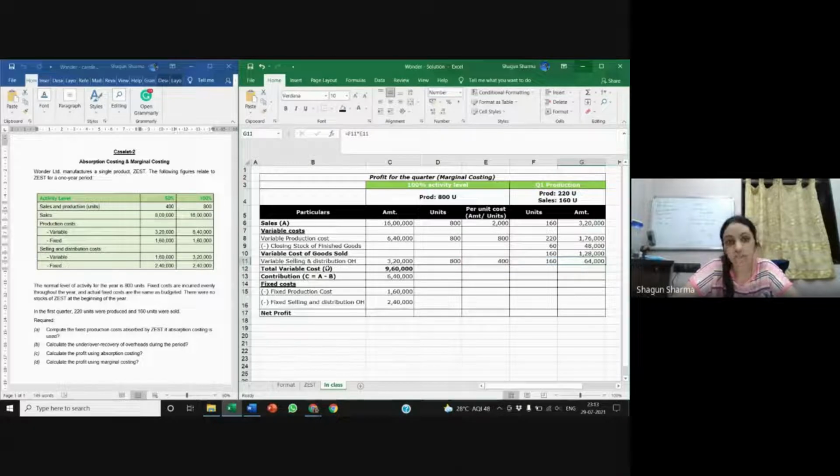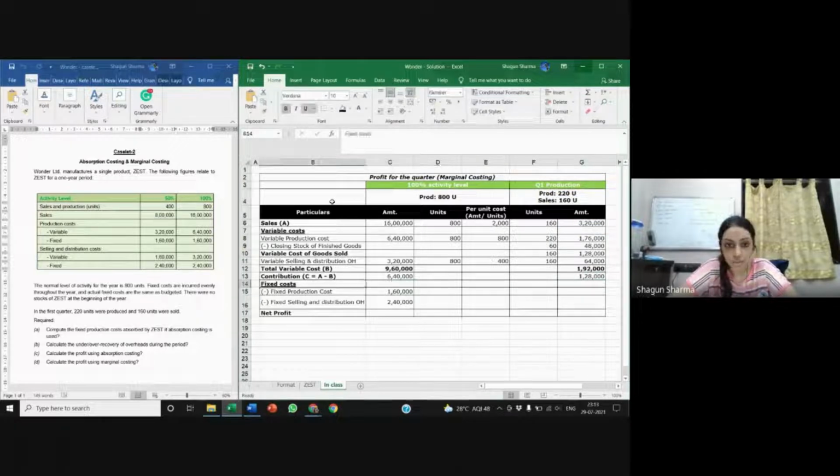So that becomes a cost of 64,000. Now for my total variable cost, I add my variable cost of goods sold and I add to it my variable selling and distribution overhead. So this is my total variable cost. Okay. Now contribution is just sales minus this total variable cost.